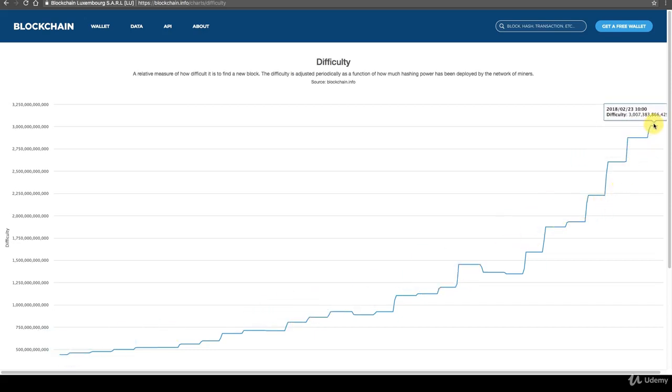As you can see right now, the difficulty is 3 trillion. And that means it's 3 trillion times harder to find a golden nonce than it was at the start of Bitcoin.